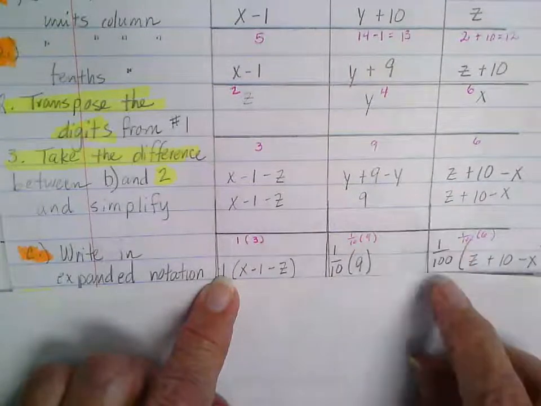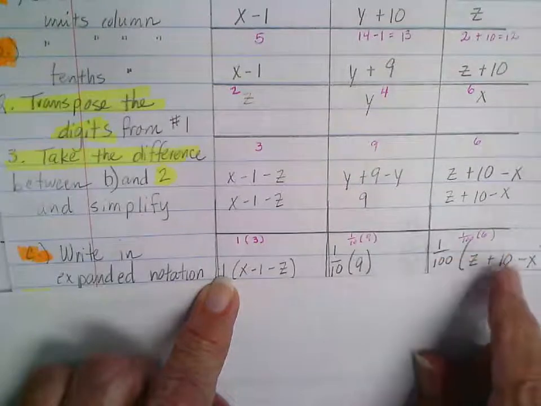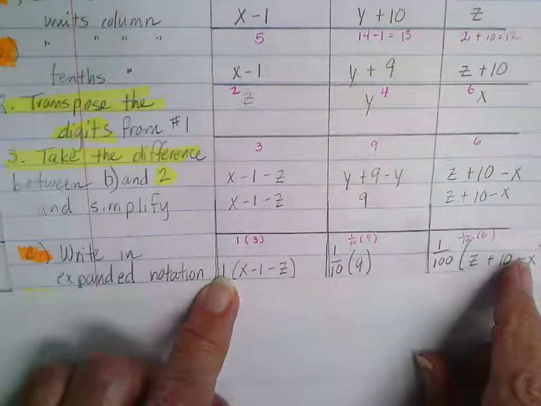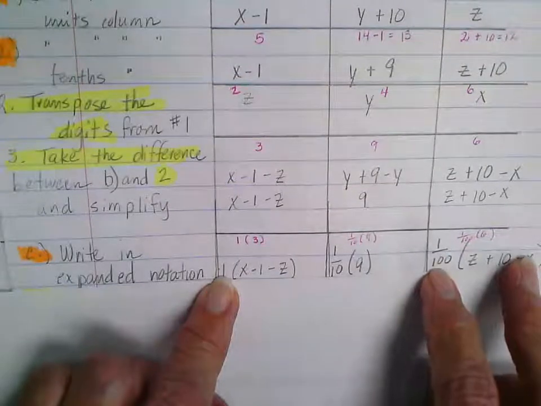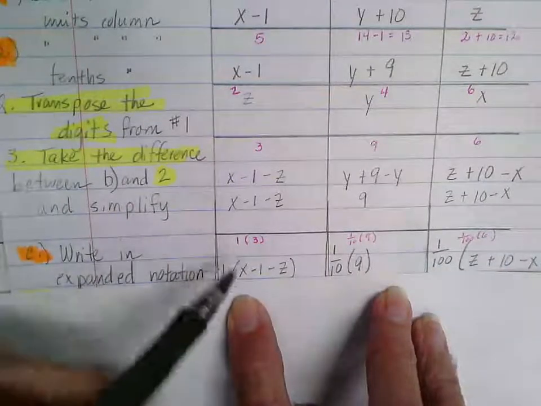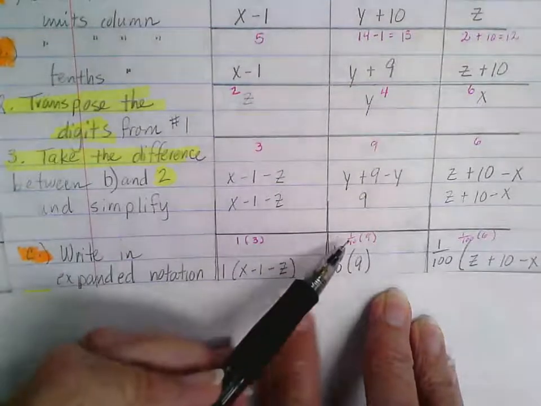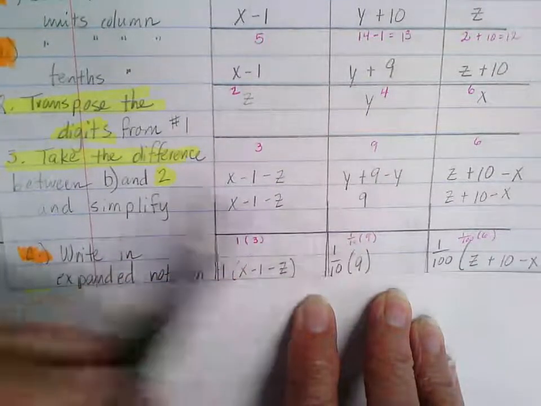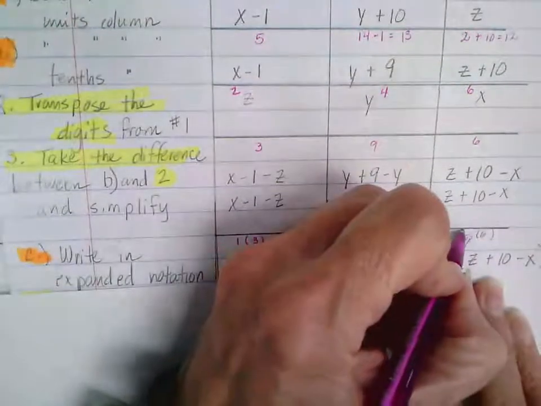This isn't really Z, it's 100th times Z, plus 100th times 10, minus 100th times X. So we're writing it out with the expanded notation. And when I do that with the number, I have 1 times 3, and I have 1/10 times 9, and I have 100th times 6.